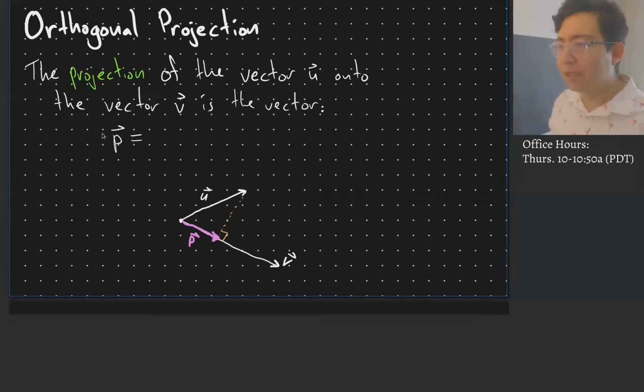The formula can be a little harder to visualize. That's why I started with the picture. But basically what you're going to do is take the dot product of the two vectors, V dot U, divide by the norm squared of the vector you're projecting onto, and then multiply that.